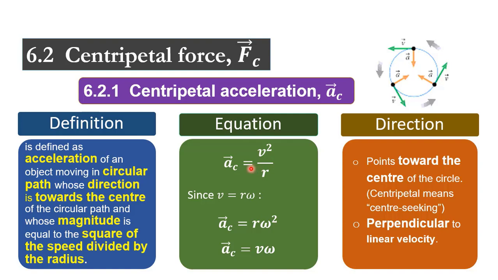In the previous lesson, you learned the relation of velocity, which is equal to the radius times angular velocity, v equals r omega. Since v equals r omega, centripetal acceleration can also be written as a_c equals r omega squared, or a_c equals v omega.